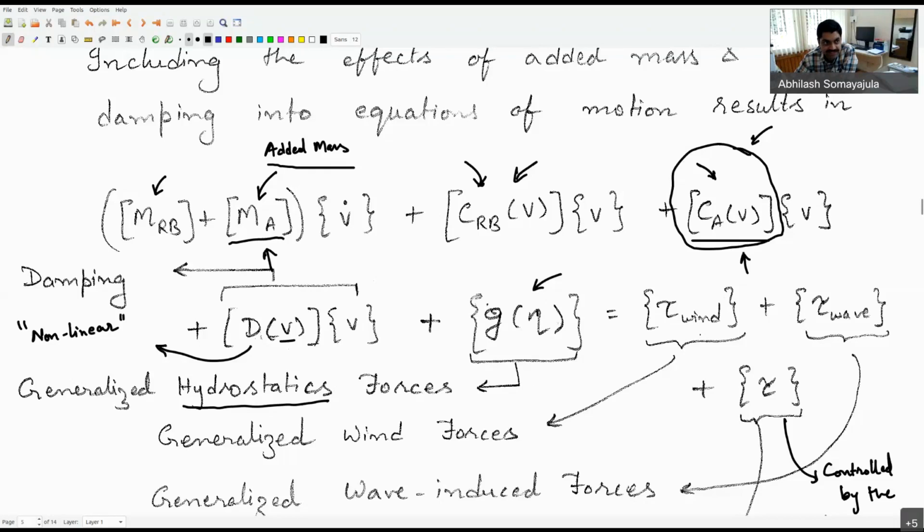Sir, I just wanted to confirm the dimensions of the CA times V term. It must be the force, right, in newtons. This whole thing, if it is 6 degrees of freedom, CA(v) times v will be a 6 cross 1 vector. But if I'm dealing with horizontal modes, it should be a 3 cross 1 vector.